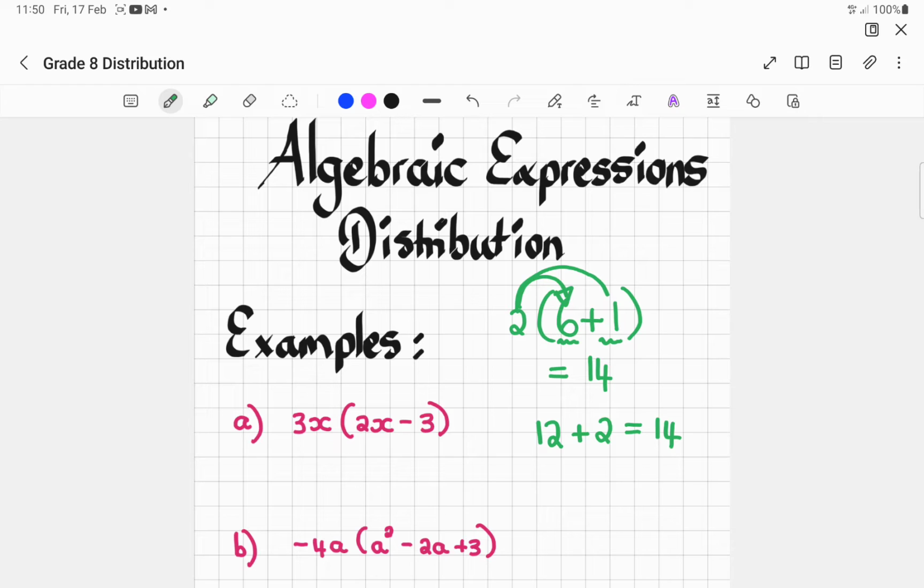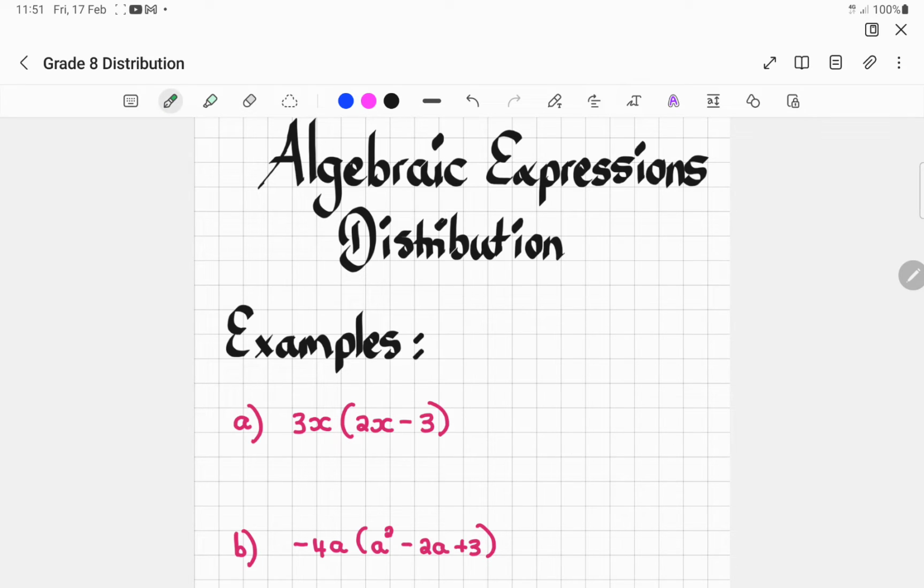So if we look at these examples here in front of us, can you see that the 2x minus 3, they are not like terms? So we cannot add and subtract by simplifying inside the bracket. So then we are relying now on our distributive law. All right, distribution.